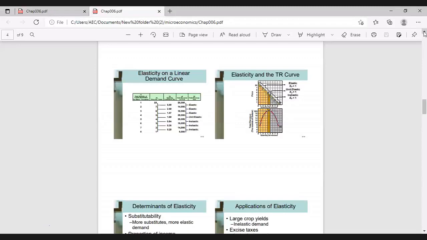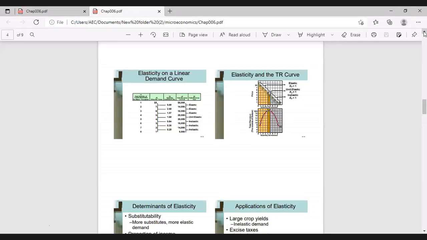Then in the bottom right portion of the demand curve, the price is low but the quantity is high. Price is low, so a per unit change, per dollar or per rupee change, gives a high percentage change in the price.